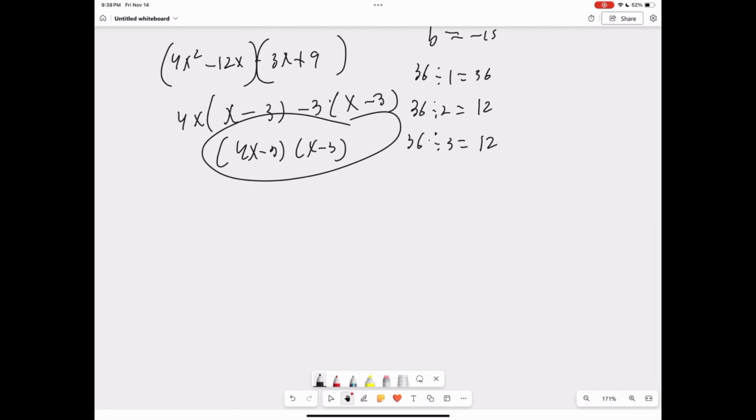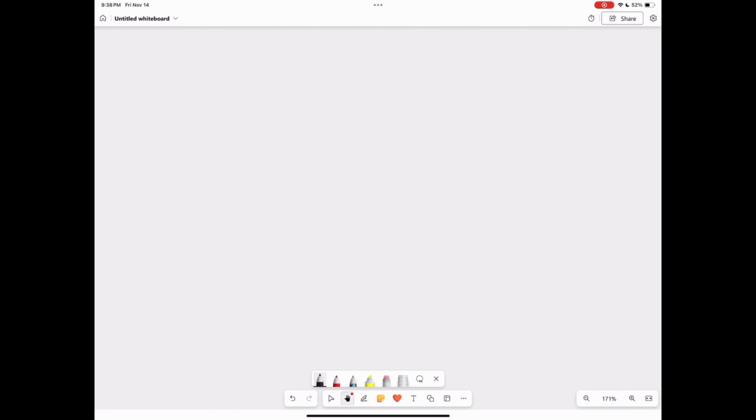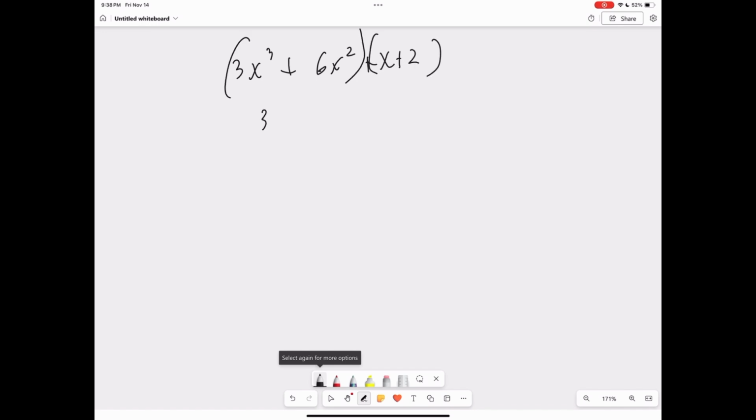Okay. Now we're going to factor by grouping, which is what we just did right now. So let's do some more practice. You only group when you have 4 terms. So 3x cubed plus 6x squared plus x plus 2. So we group, take out as much as we can.